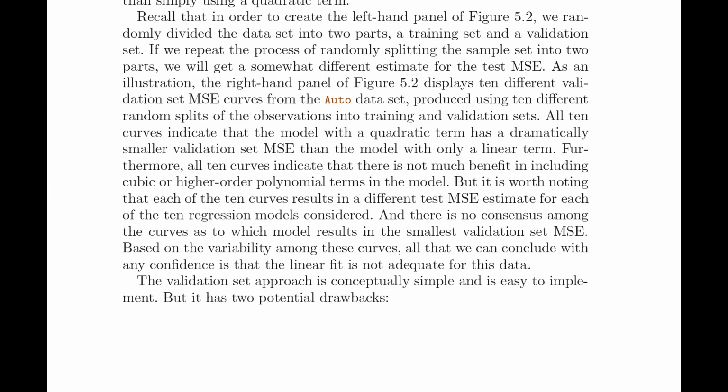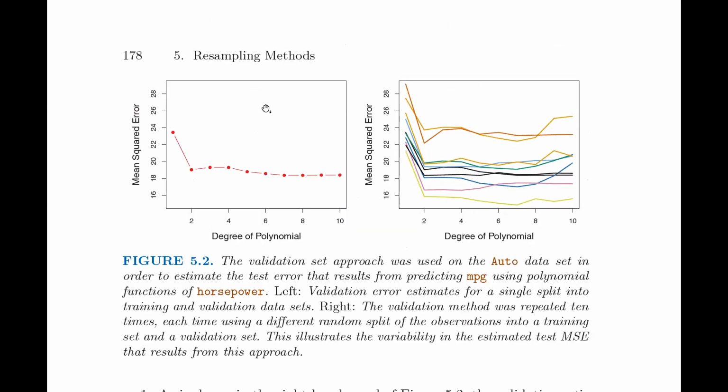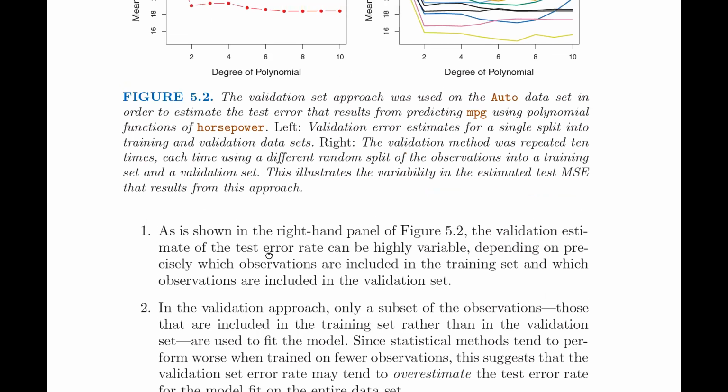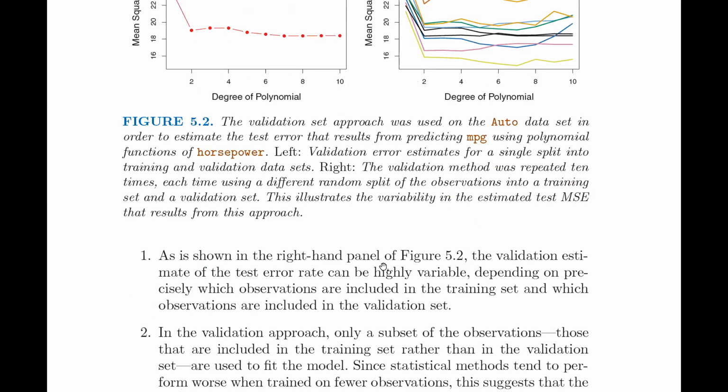The validation set approach is conceptually simple and is easy to implement, but it has 2 potential drawbacks. As is shown in the right-hand panel of figure 5.2, the validation estimate of the test error rate can be highly variable depending on precisely which observations are included in the training set and which observations are included in the validation set.